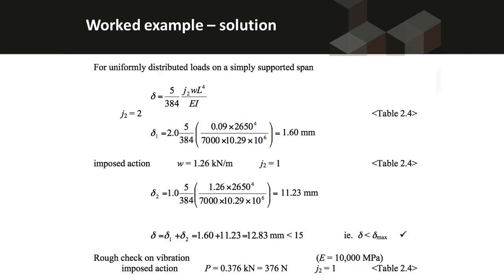And for the imposed action, which again is a crowd load, it's a short duration load, we're using a different J2. We're using 1 for the imposed action. We find the two deflections, add them together. Is it less than the clearance over the top of the partition? It is, so we've satisfied that serviceability check.